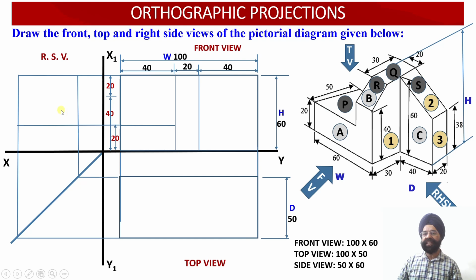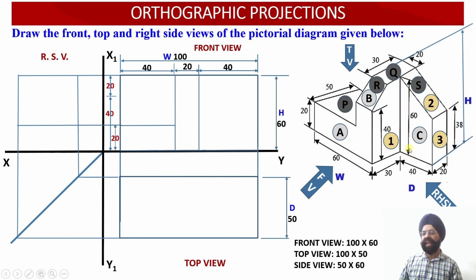Now the next thing is, having drawn this 20 millimeter web, now two more things I want to draw. That is, please check, there is a sloping surface which is going to start from height of 40 millimeter and this slope will continue till you reach the total height of the solid, which is equal to 60 millimeter.